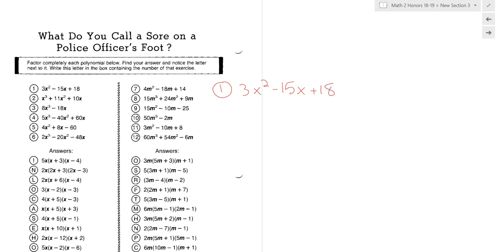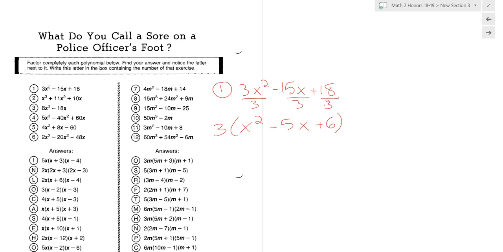Okay. Looking if I can take anything out of each term, right? 3x squared, 15x plus 18. They are all divisible by 3. And I'm left with x squared minus 5x plus 6. Okay.